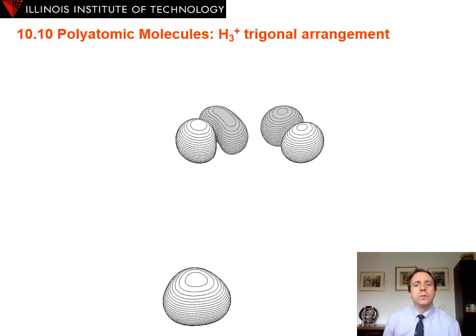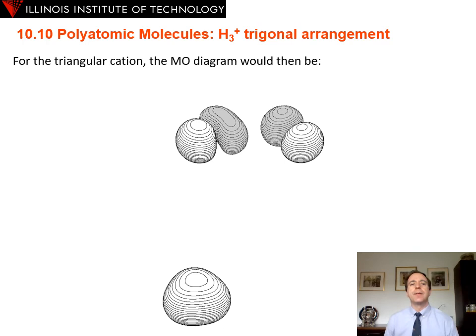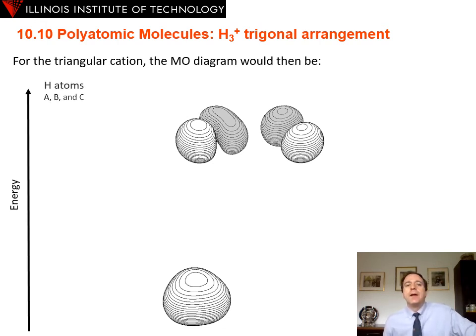Okay, so let's put this together and look at the energy level diagram for the triangular cation, the molecular energy diagram. So there's our energy. This time we don't need a SALC. We can't really use it. It's not going to help us. So we're just going to take all three atoms by themselves, A, B, and C, drop those right in the middle of the diagram. So those are just our three individual 1s orbitals of the unbonded free hydrogen atoms before they come together.